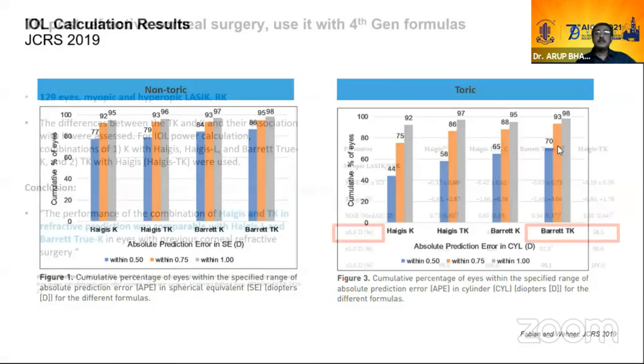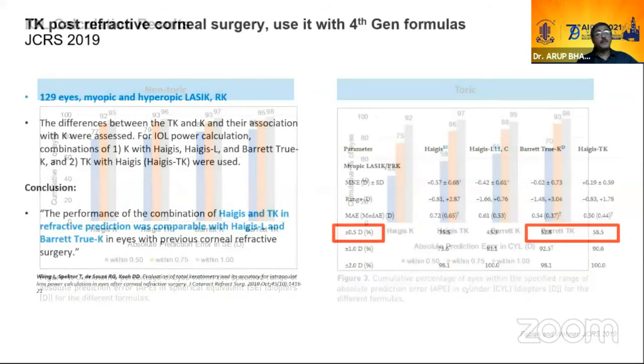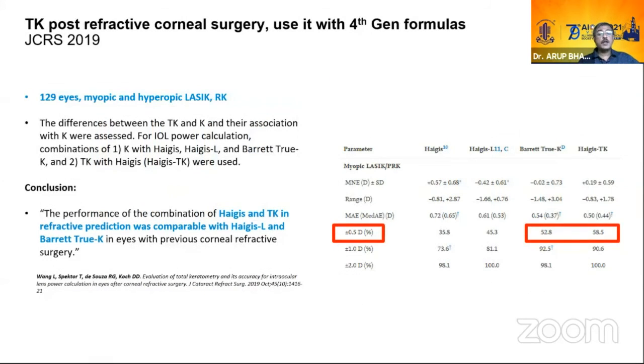So Barrett TK is a big step, and probably in the future Barrett TK Universal 2 will be the gold standard of IOL formula. Even in post-refractive cataract surgery, Barrett 2K TK is giving you almost 92%, 92.5%, 93% accuracy within plus or minus 1 diopter.